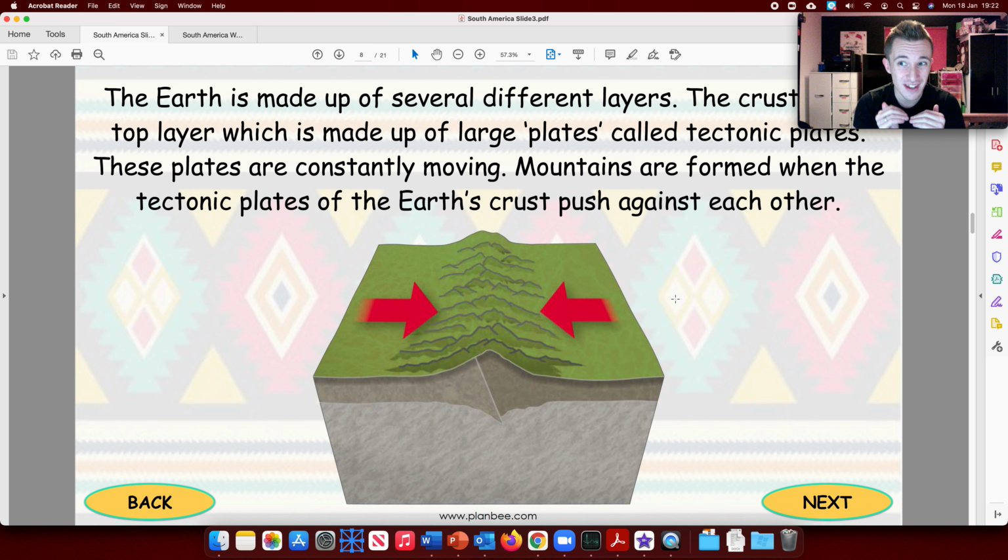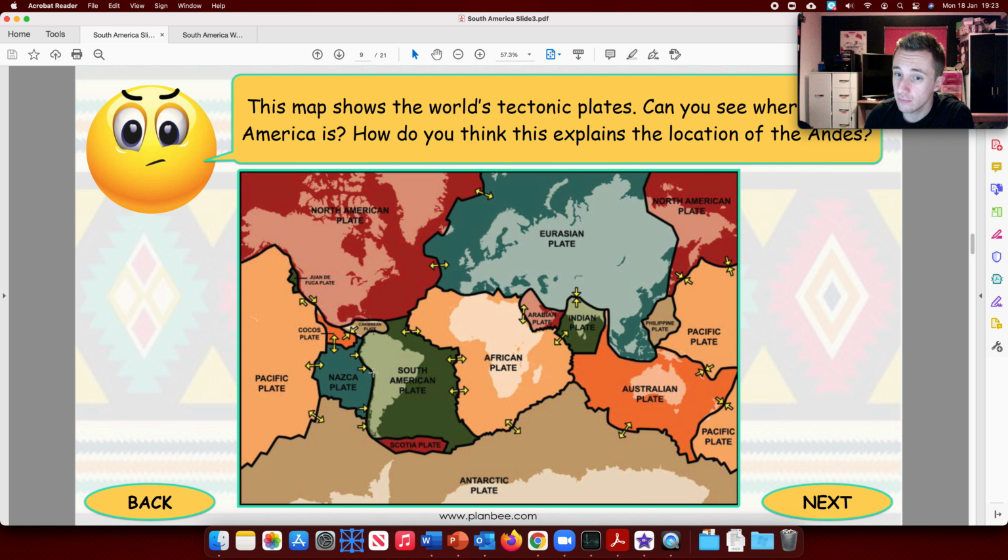So the reason that the Andes Mountains run all the way along the spine of South America is because it's got a tectonic plate running all the way along the spine. You only get mountains where those tectonic plates are.